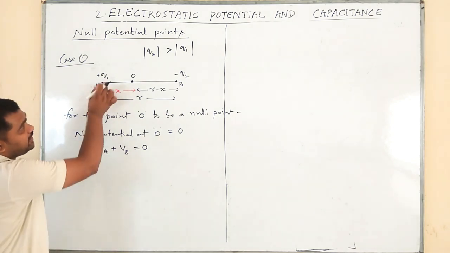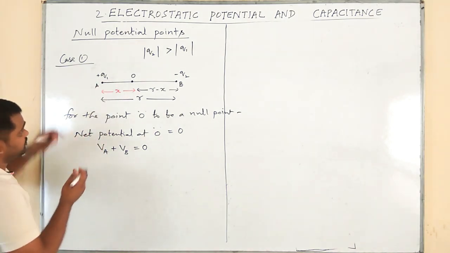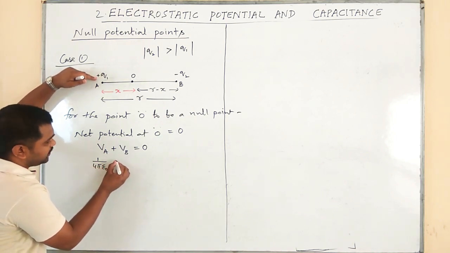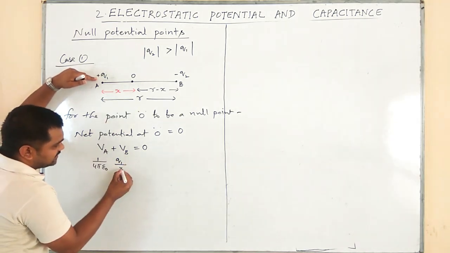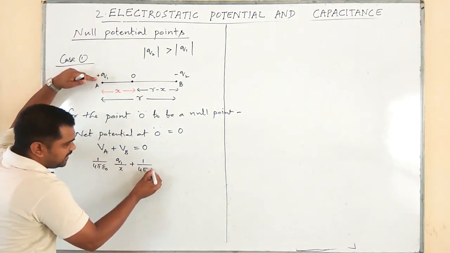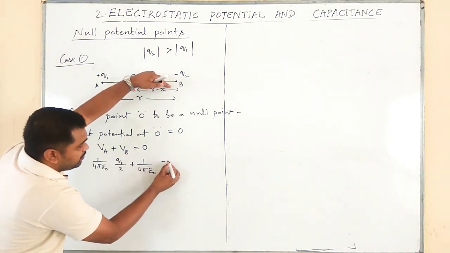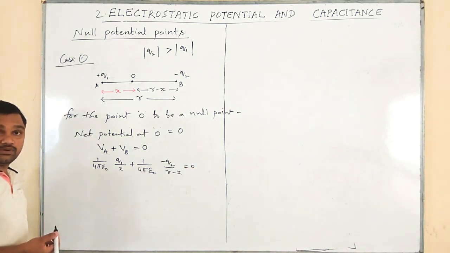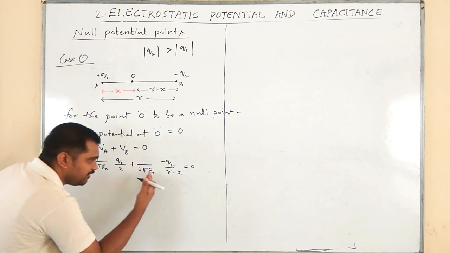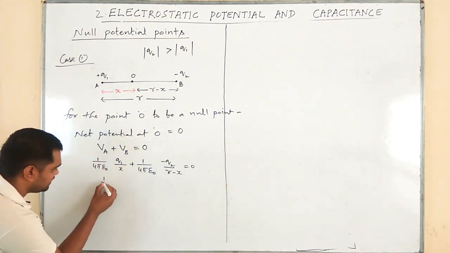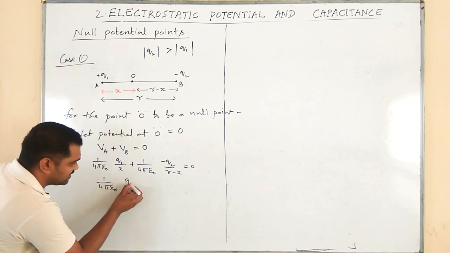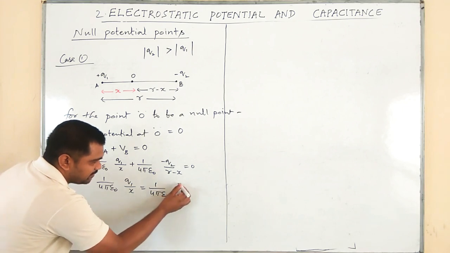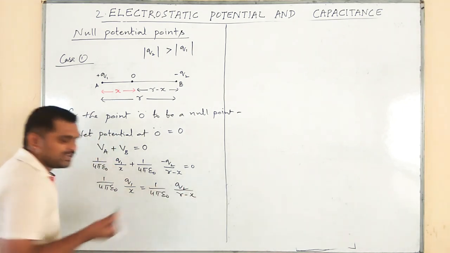According to the definition, VA plus VB is equal to 1 by 4 pi epsilon naught Q1 divided by x plus 1 by 4 pi epsilon naught minus Q2 divided by r minus x, is equal to 0. On rearranging, taking this to the right-hand side, it becomes 1 over 4 pi epsilon naught Q1 by x is equal to 1 over 4 pi epsilon naught Q2 divided by r minus x.